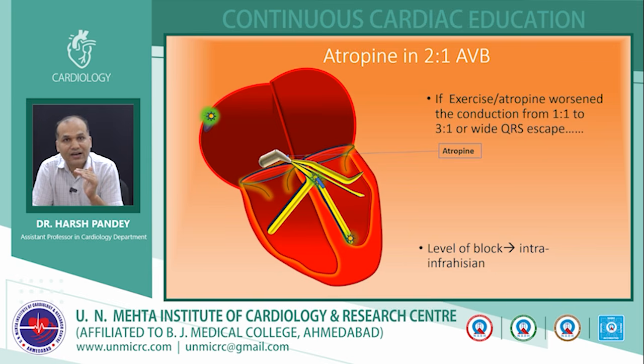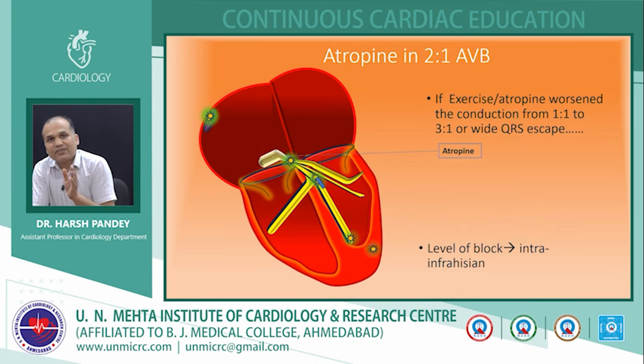Their refractory periods are high. So when each impulse travels to the His Purkinje system, the refractoriness is not going to improve. They become worse and worse. So now what will happen? If initially it was conducting partly, now there will be complete block at the His Purkinje system, and there will be a wide QRS escape.